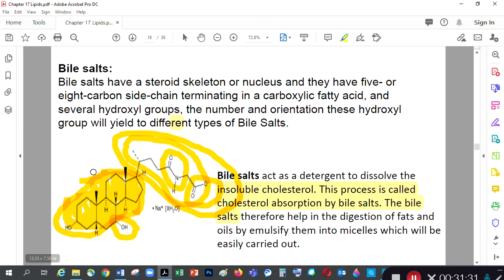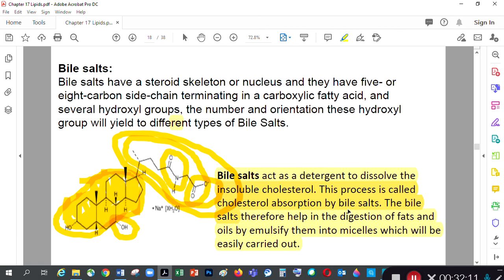So what are those bile salts? It turns out they are acting as what? And it's very important: they act as a detergent to dissolve insoluble cholesterols, correct? That especially helps the high density lipoproteins, and the bile salt helps as a detergent, as a solvent, because all of those are non-polar. But remember, this has a polar part, although small. This process is called cholesterol absorption.